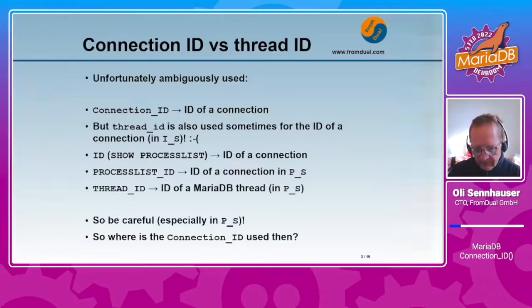And then we have something different, the thread ID, which is the ID of a MariaDB thread, which is not 100% the same as a Connection Id, and sometimes we have to do calculations between the Connection Id and the thread ID. So be careful, especially in the performance schema, not to mix up those two terms.